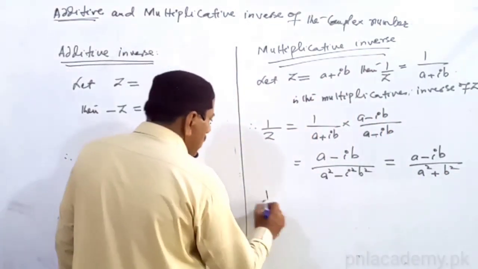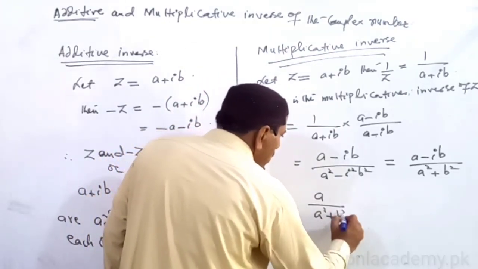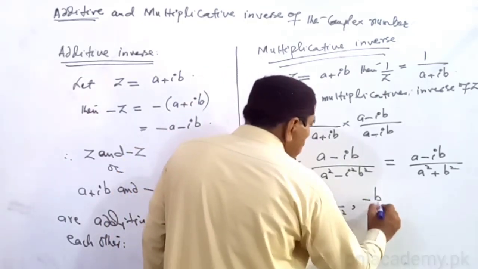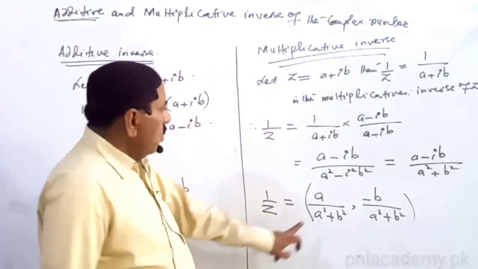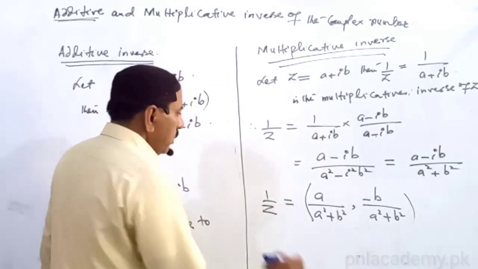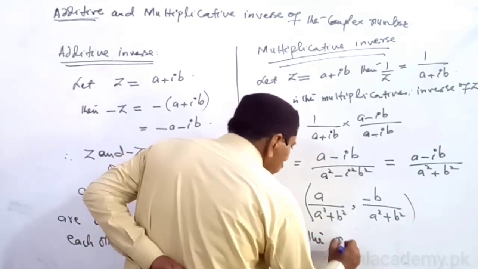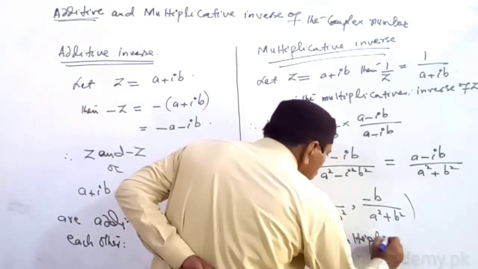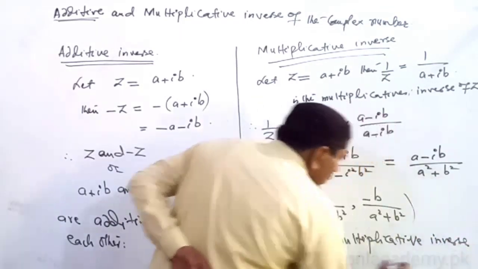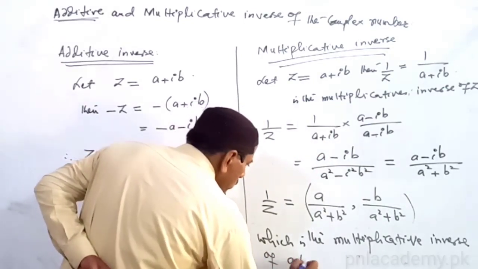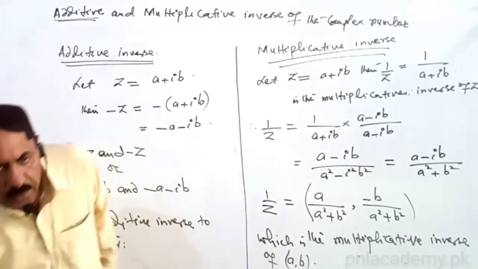So 1 upon z is equal to (a upon a square plus b square, minus b upon a square plus b square), which is known as the multiplicative inverse of (a, b).